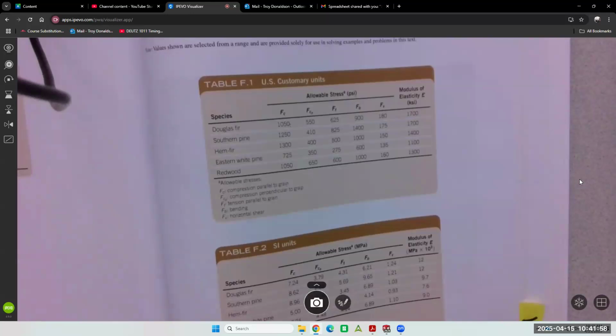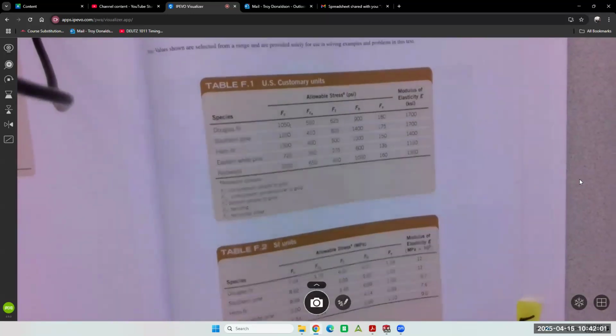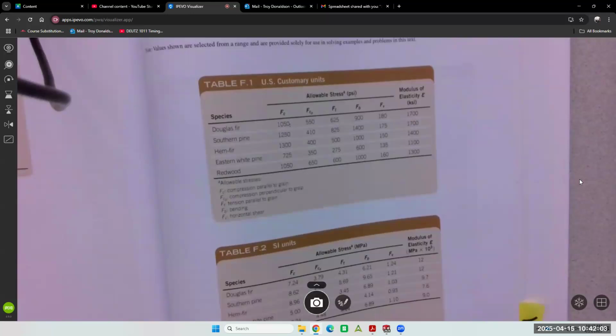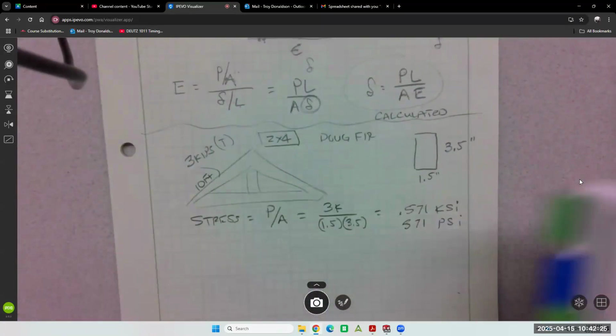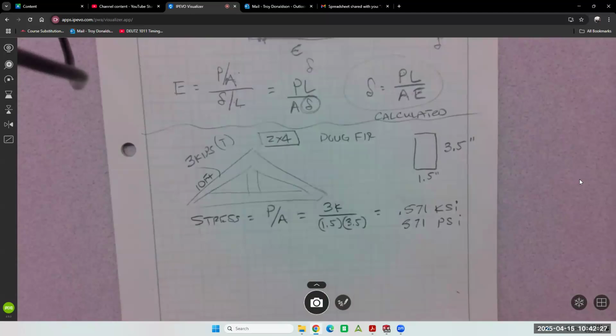Tensile stress parallel to the grain is F sub T. Remember, we make our 2x4s out of the length of the tree, so the grain is going parallel to the load. So F sub T, Doug fir, 625, and what's the unit? PSI, 625 PSI. And what did we calculate? 571. We're right at it, but we're good. We're under it. Perfect.